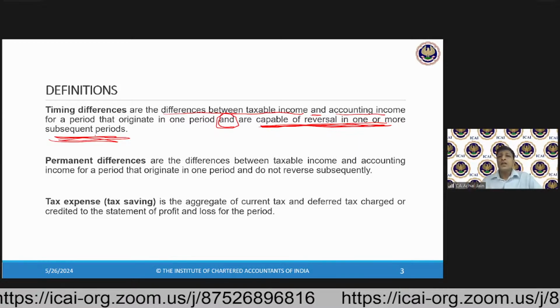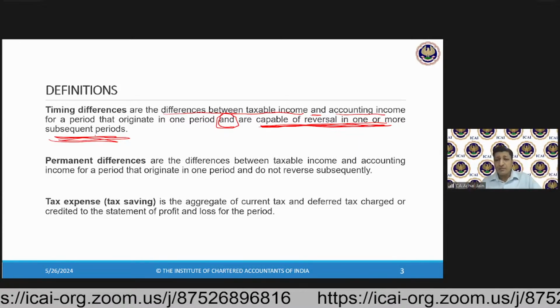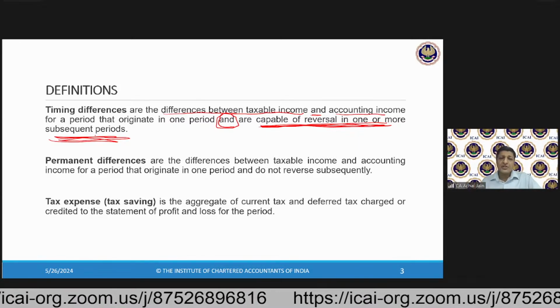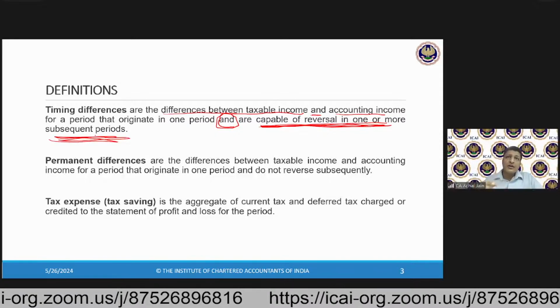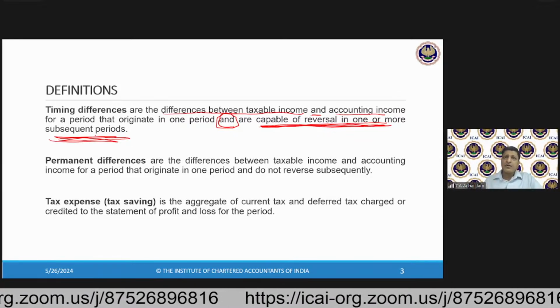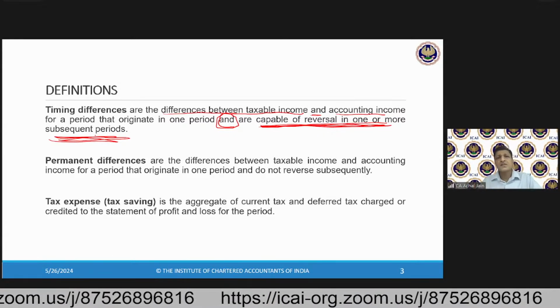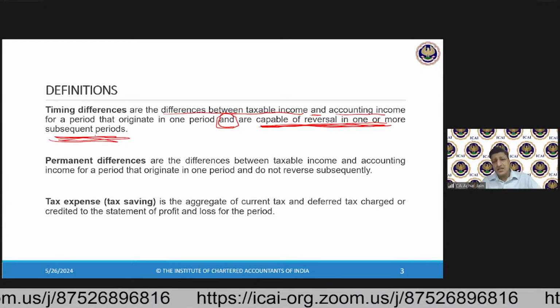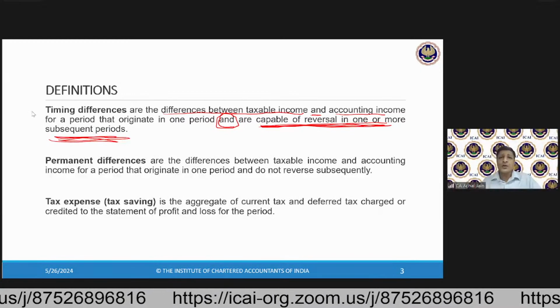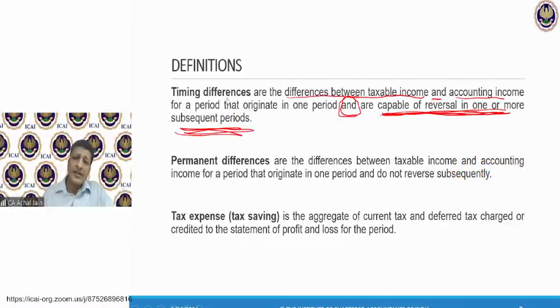Now, with the help of the same example on depreciation, we'll try to understand deferred tax. We'll also try to compute deferred tax. And then we'll assess why deferred tax is required to be created. How is this created? How does it really help in terms of preparation of the books of accounts?